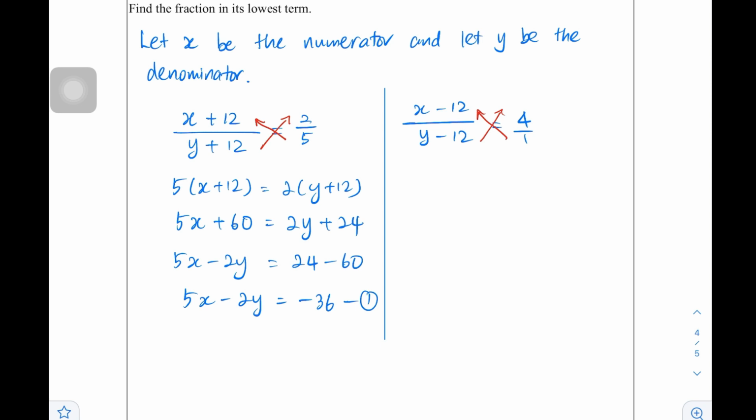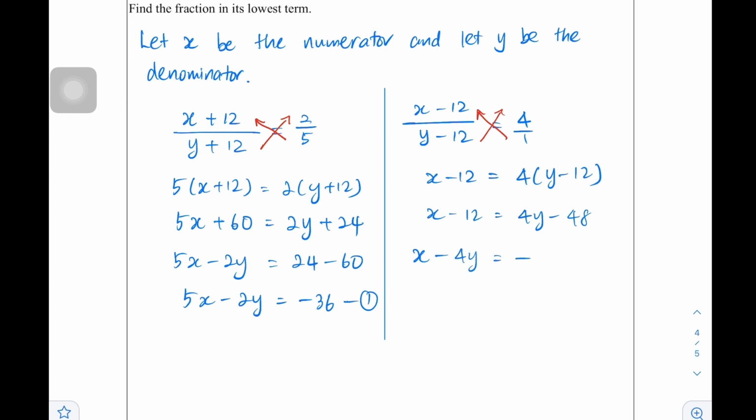Similarly, for equation 2, I can have 1 times (x - 12), which is x - 12, and 4 times (y - 12) after I cross multiply. So I can distribute the 4 or multiply the 4 into y - 12 to get 4y - 48. So again, I can put all the x and y terms on the left hand side by subtracting 4y on both sides.